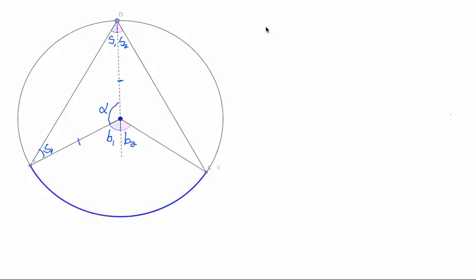We know that all the angles in a triangle always add up to 180. So we can say S1 plus alpha plus S1 again. Instead of doing that, we'll just write 2S1 plus alpha is equal to 180. Then we also know that alpha plus B1 would also add up to 180 because it's the property of a straight line. So alpha plus B1 must also sum to 180.